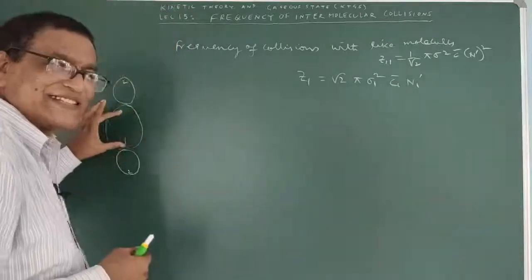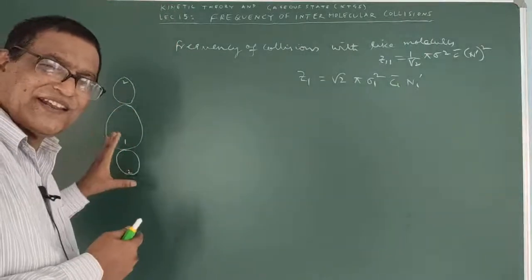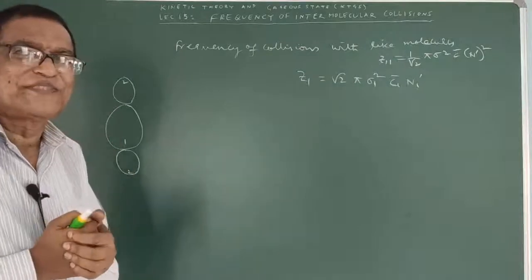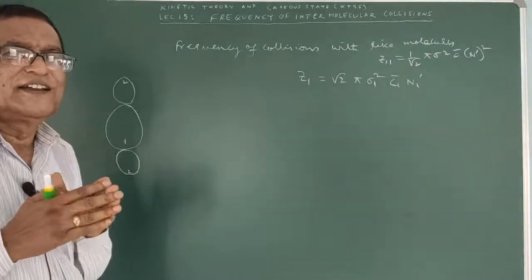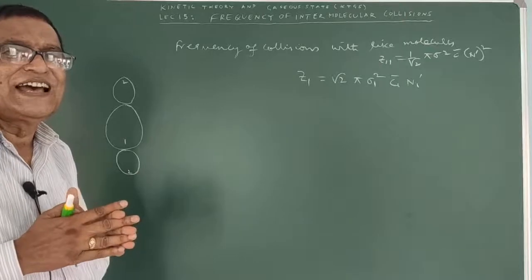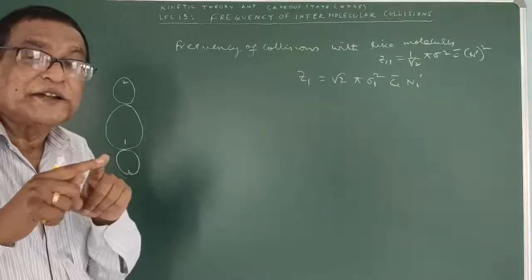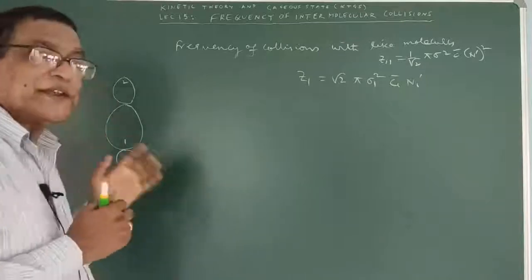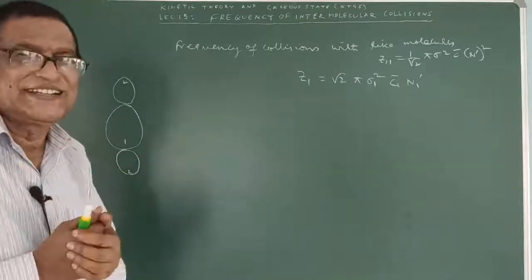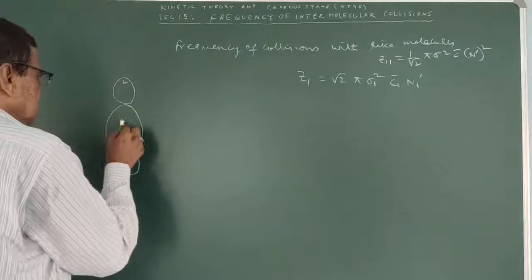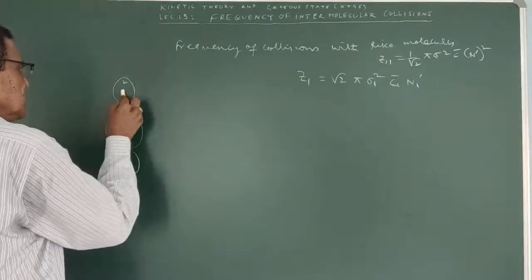This is, suppose, a bigger size. All are spherical, as you have assumed, spherical, rigid, and they will move with constant speed, and are impenetrable or non-interacting. So this is the center of this molecule.